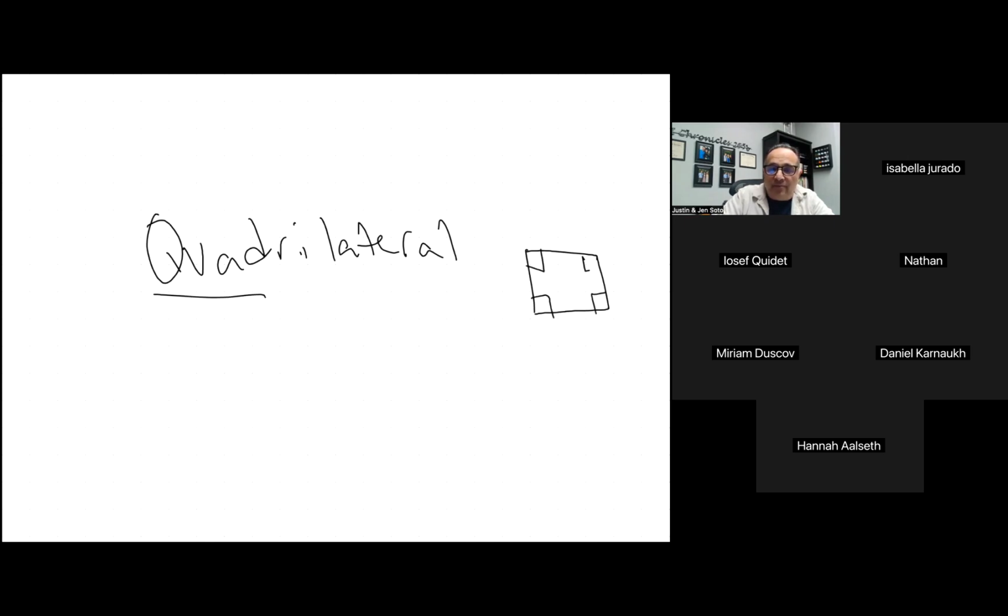It could be a rectangle. It could be a trapezoid. And all these are examples of quadrilaterals. And it could be a parallelogram.